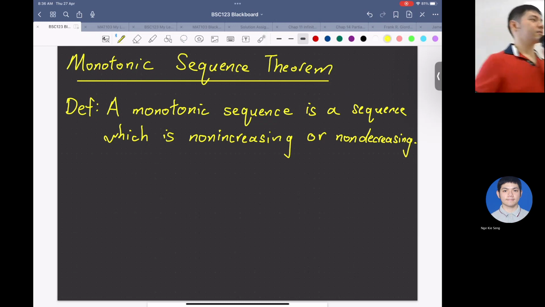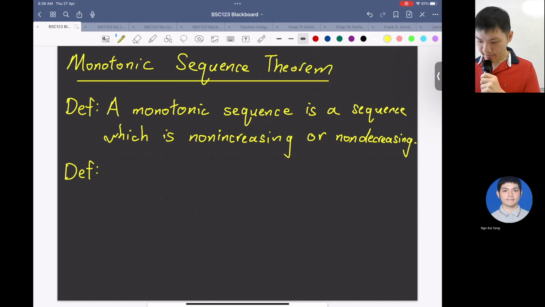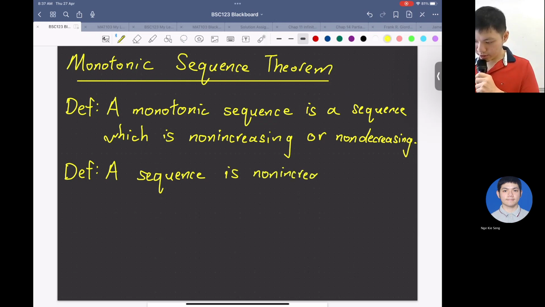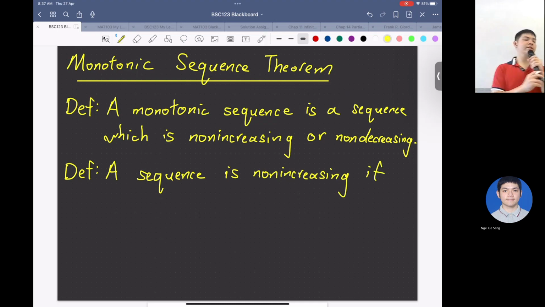So the next question you can ask: what do you mean by non-increasing and non-decreasing? A sequence is non-increasing if it won't increase.